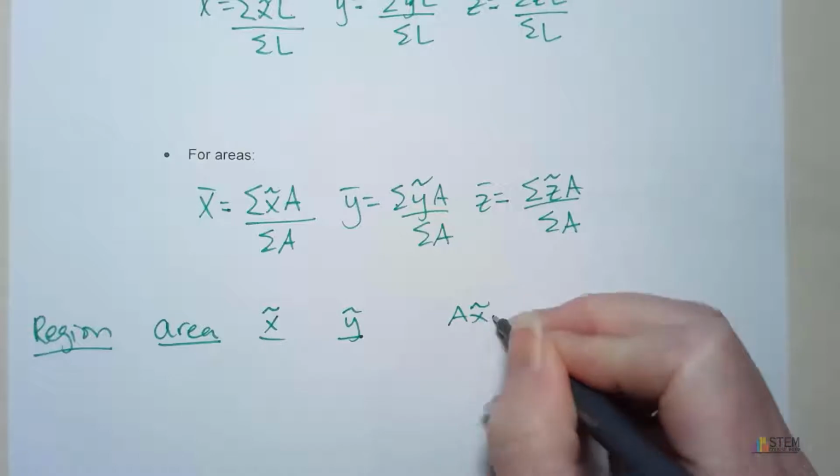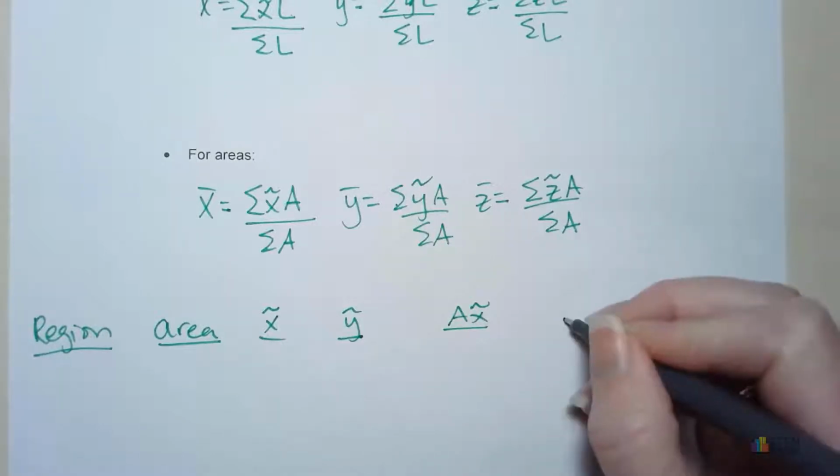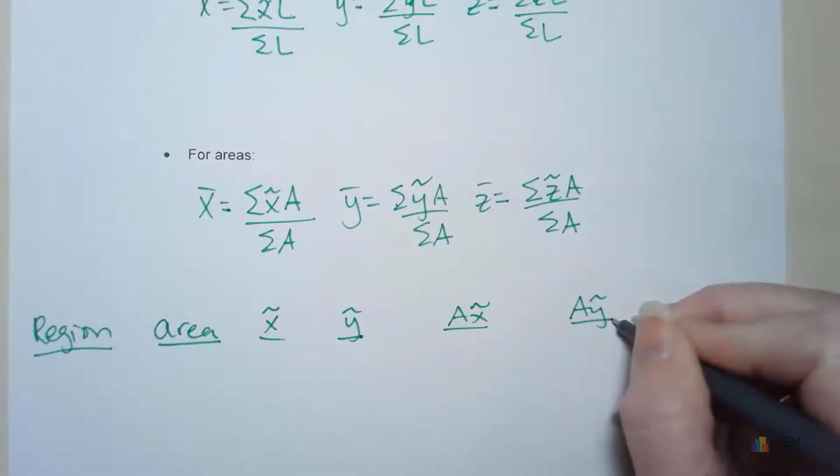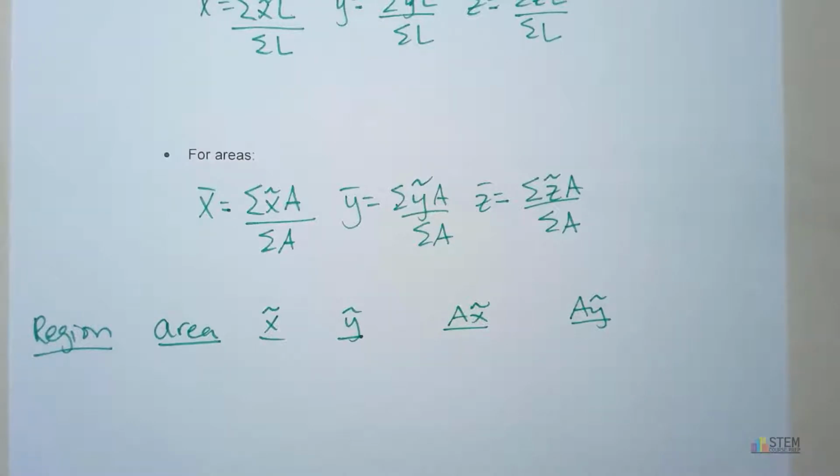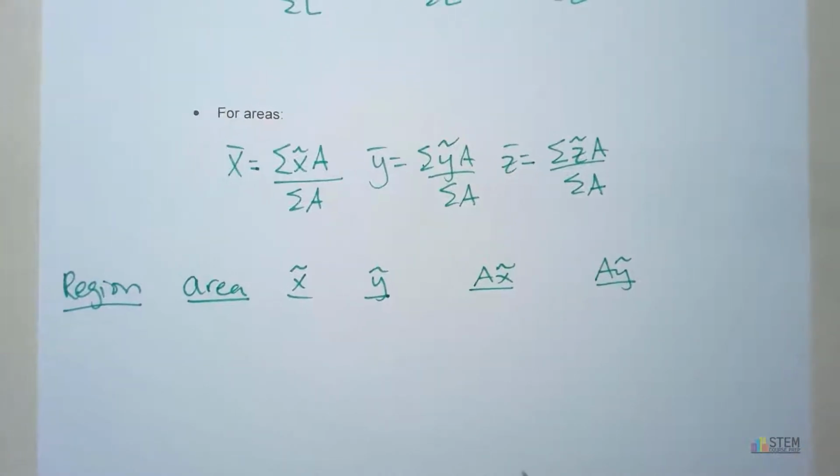Next, you're going to have the area times x tilde, and then we'll have the area times y tilde. Now if you had a line or a rod, you would just switch this out for L, so length. And then here you'd have length times the x tilde and length times the y tilde.